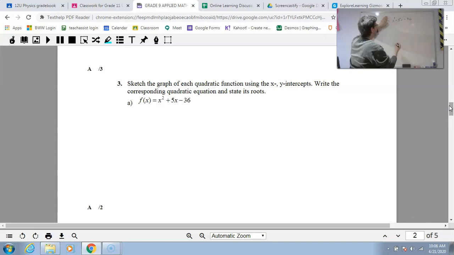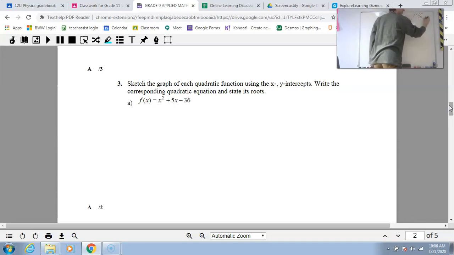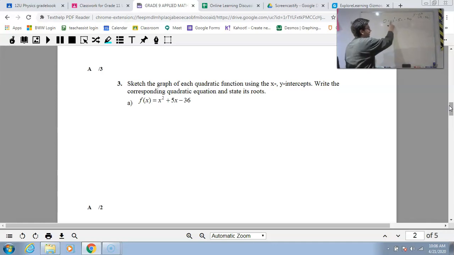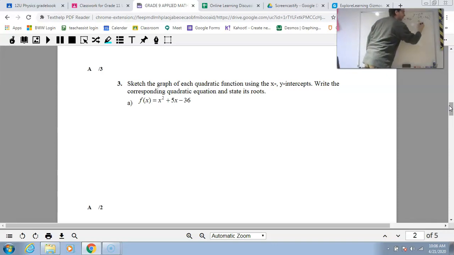Let's write our y-intercept just to the side here, because we'll use it later when we graph, is (0, -36). We also know that it opens up, because that's our sign for the a value. It's positive. So I'll just make that note too. Opens up.